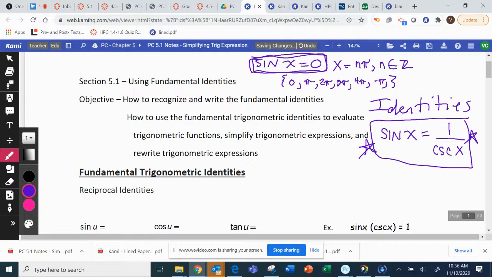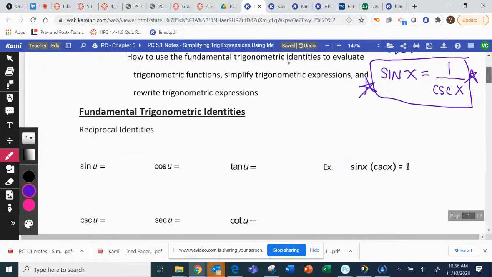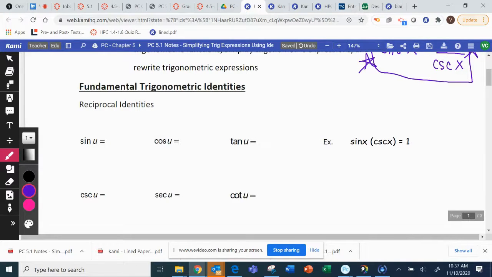So what you need to know is you need to know the fundamental trigonometric identities so that we can use those to manipulate expressions. So the first one I told you, sine u. It doesn't matter what variable it is, the same thing as 1 over cosecant u. So cosine u would be the same thing as 1 over secant u.